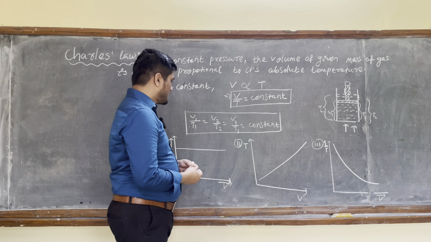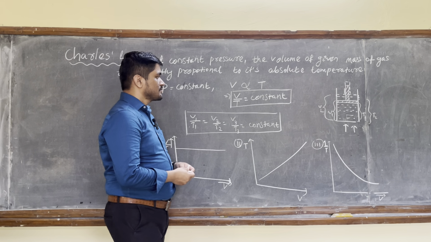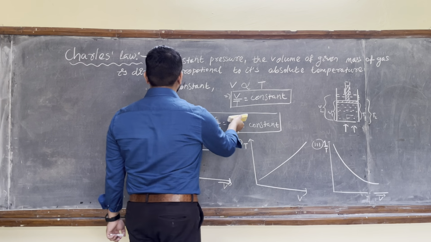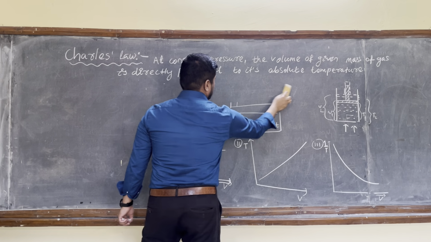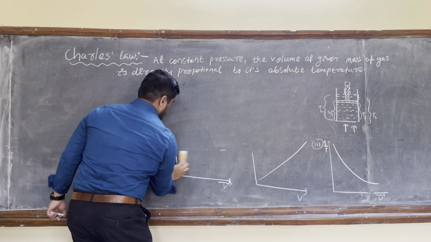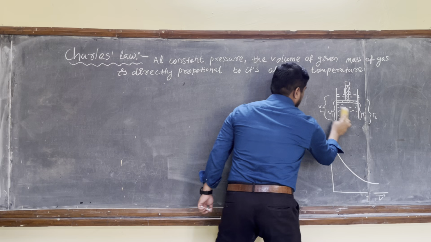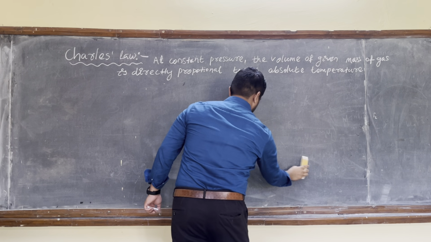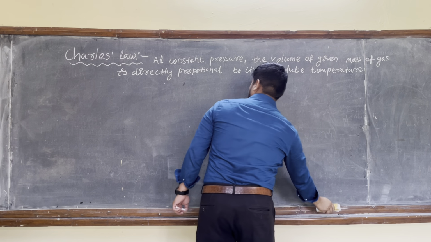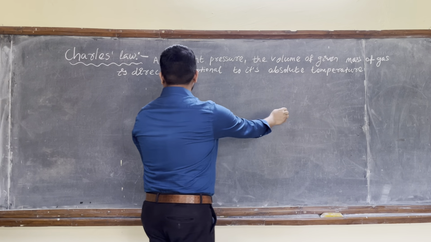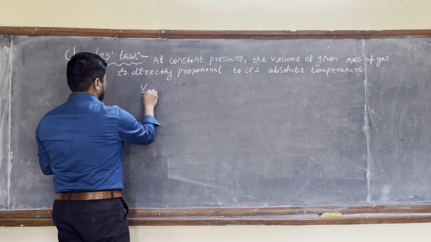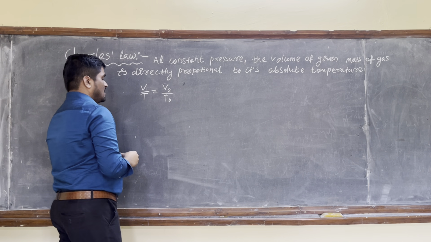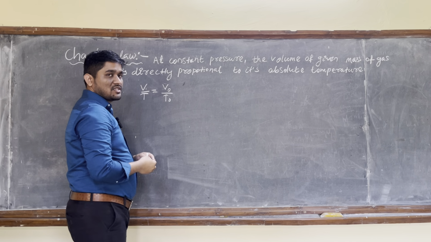So first write down this. Let V by T equal V naught by T naught at absolute temperature, and you have to find out the volume.